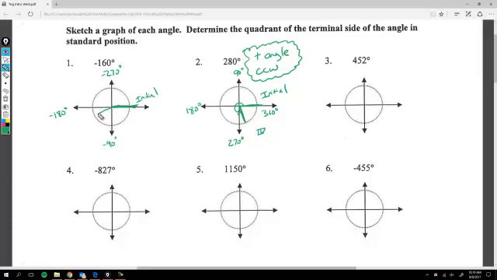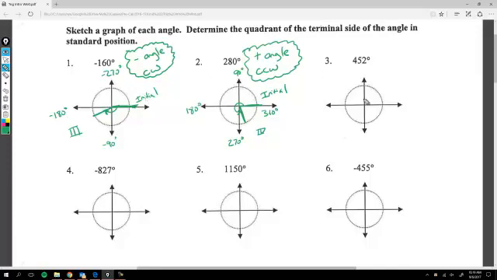It's going to be over here somewhere. So I draw my little circle here, indicating that I went clockwise, because it's a negative angle, and I end up in the third quadrant. What to note here is we had a negative angle, and we went clockwise. That is the only difference between my negative and positive angles.